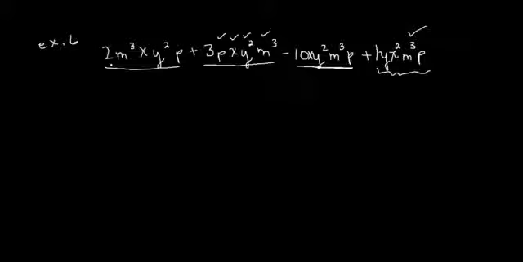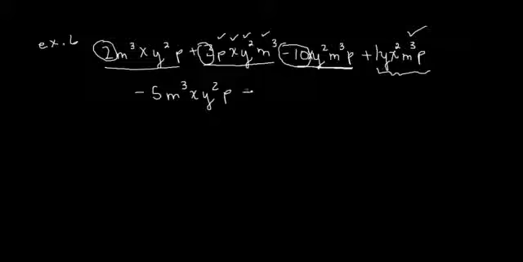So now we're going to add the numbers in front. So we have a 2 plus 3 is 5. So I'm adding the coefficients. I'm adding 2 plus 3 minus 10 would be a negative 5 m to the third x y squared p plus, you don't put the 1 typically unless you're wanting to put it there so you know how to add it.